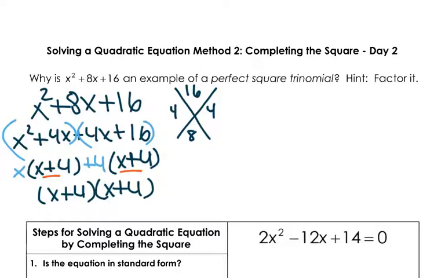And if you're looking at this, this is saying x plus 4 times x plus 4. Well, it's really just multiplying x plus 4 by itself twice. So therefore, I could say this is x plus 4 squared.